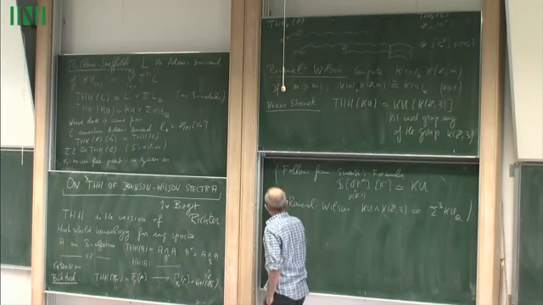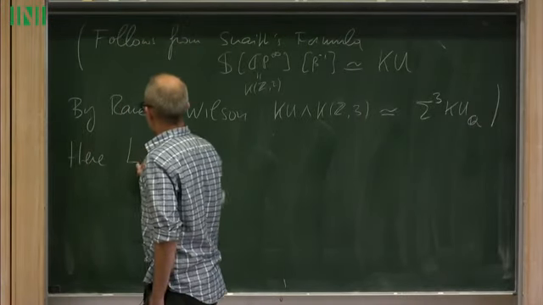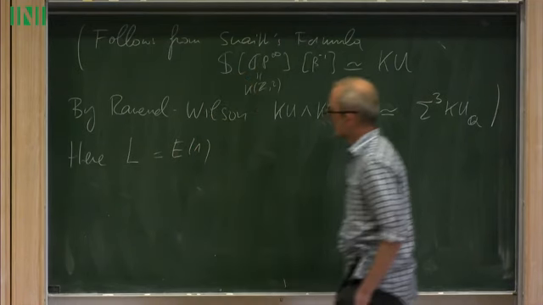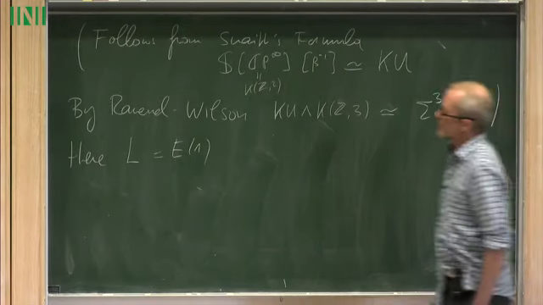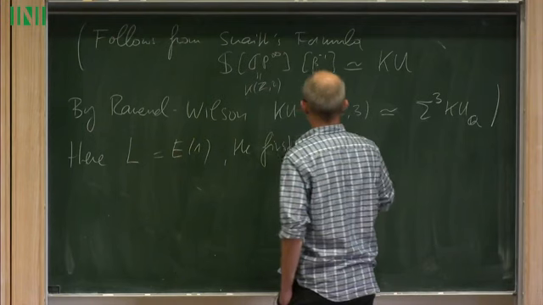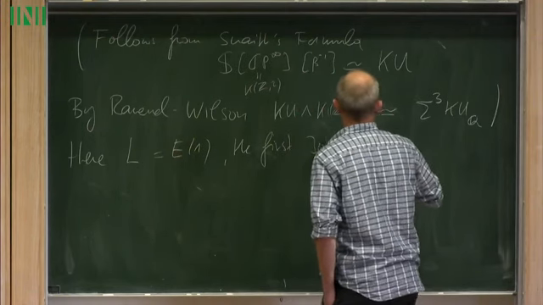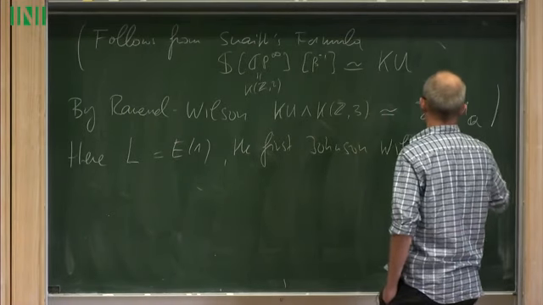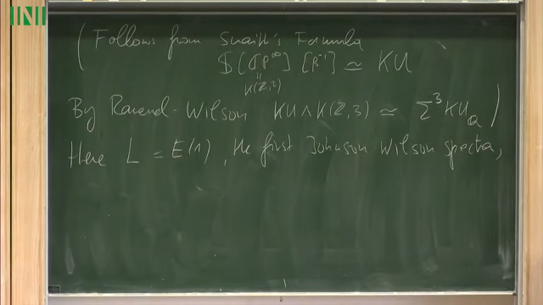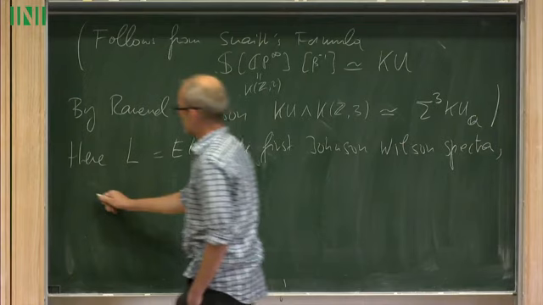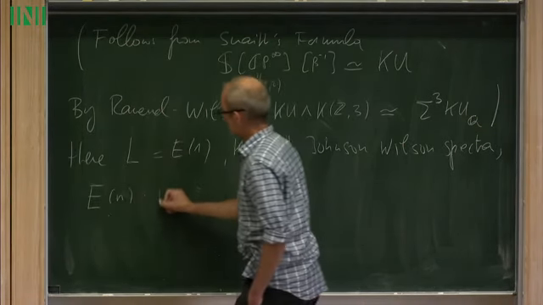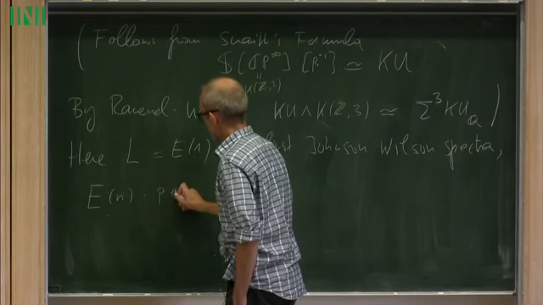So here L was just E(1), when we speak of Johnson-Wilson spectra. And you have a whole family of them. Well, p for us will be an odd prime.